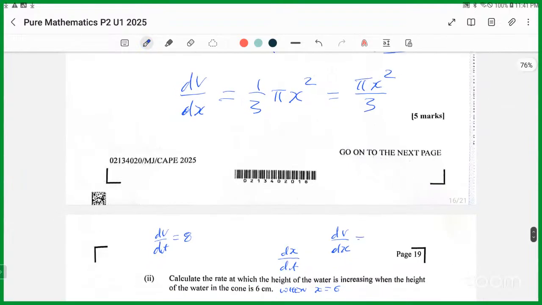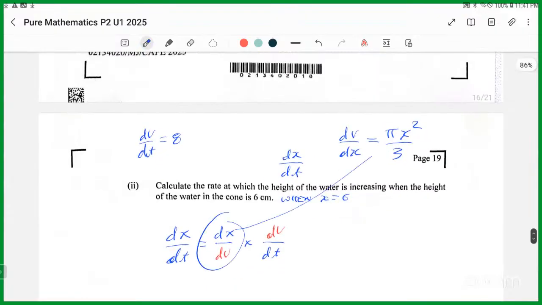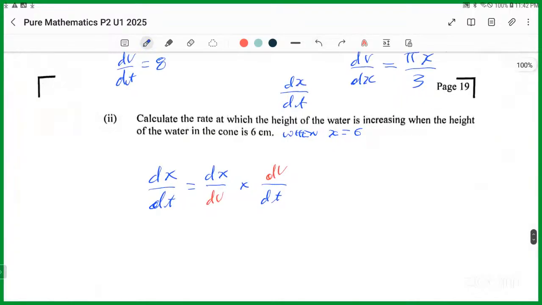See here, pi x squared over 3. So this now is the reciprocal of that. It becomes 3 over pi x squared. This is just the reciprocal, 3 over pi x squared. And then this is 8, when x equals 6.